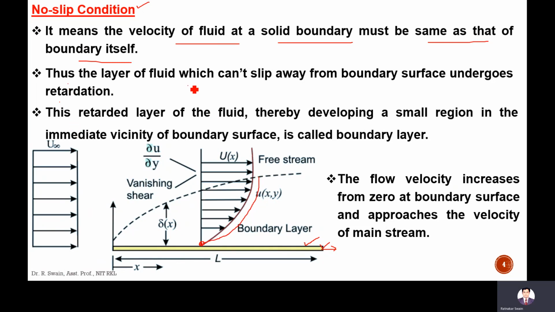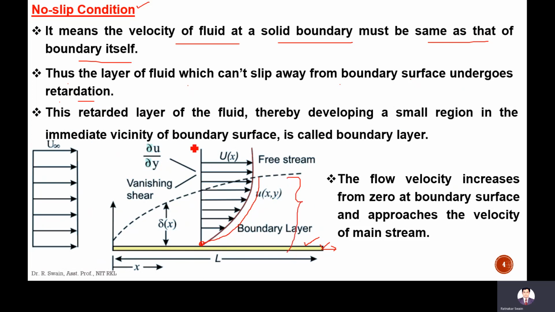Thus, the layer of fluid which can't slip away from the boundary surface undergoes retardation. This retarded layer of fluid thereby develops a small region in the immediate vicinity of the boundary surface, means here in this region.